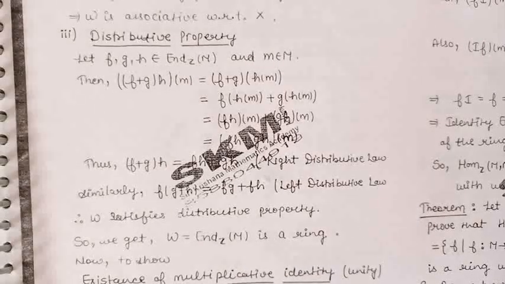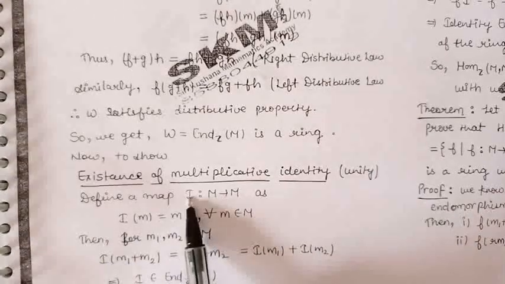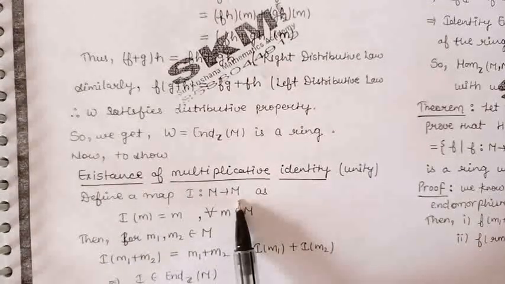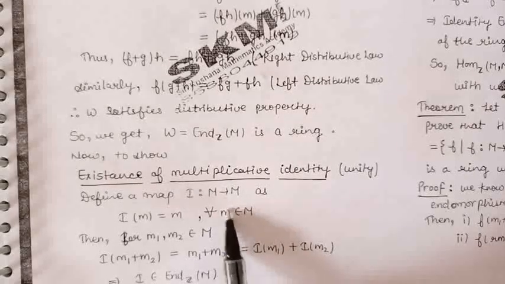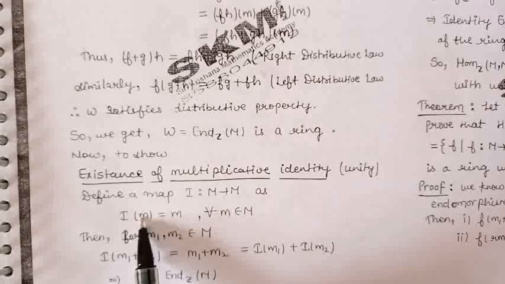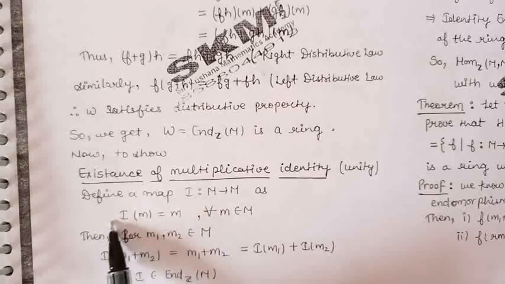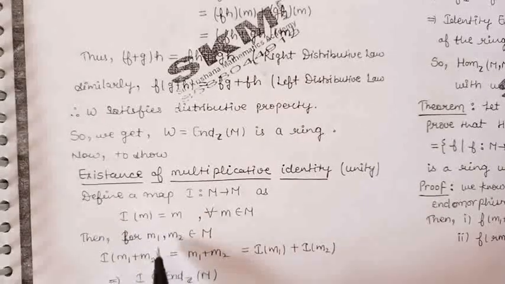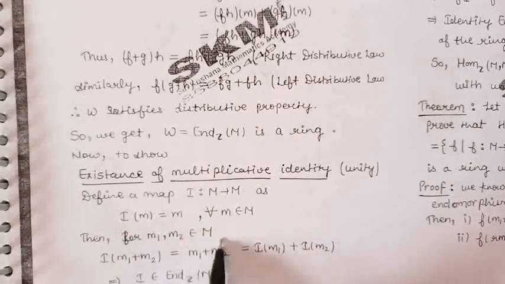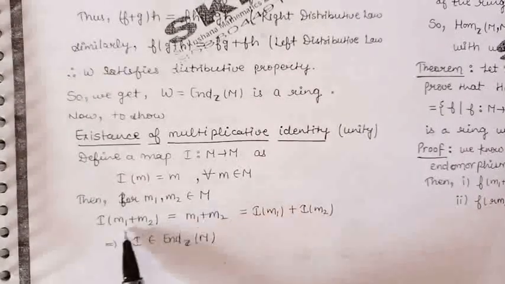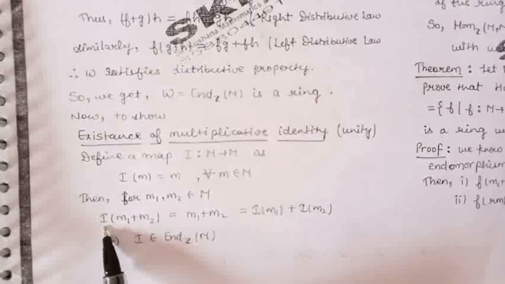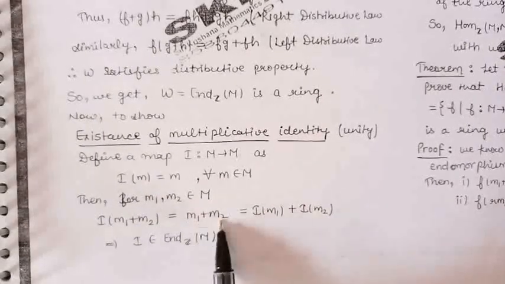Now it remains to prove that it is a ring with unity. Unity means multiplicative identity. So let us define a mapping I from module M into itself by taking an arbitrary element M from the module M, and we define its image under the mapping I as M. This mapping I, that is an endomorphism of module M, because if we take two arbitrary elements M1 and M2 belonging to M, then the image of M1 plus M2 under I, by this definition, will be M1 plus M2.